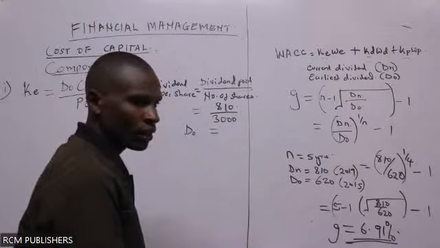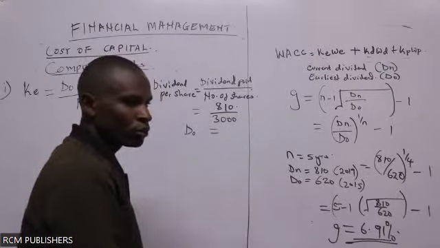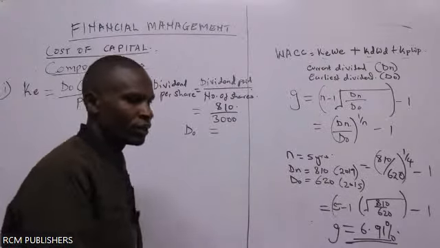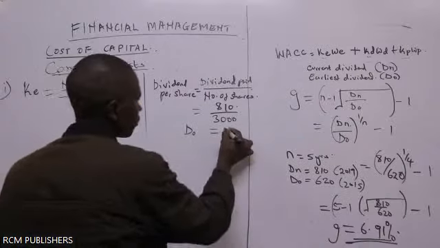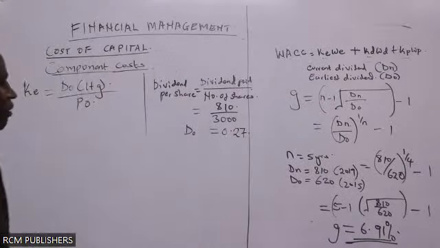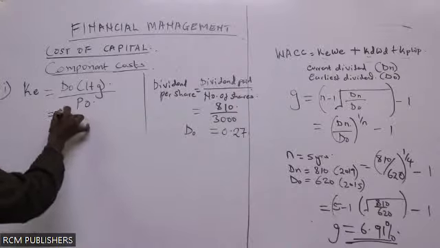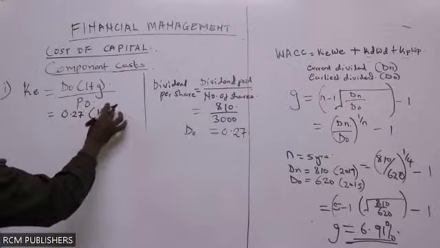Confirmation. Another individual, 2, 3 enough. Then we proceed. This is a matter of calculator. 0.27. So now I have everything. I can now compute my KE. 0.27 times 1 plus G. What is my G?